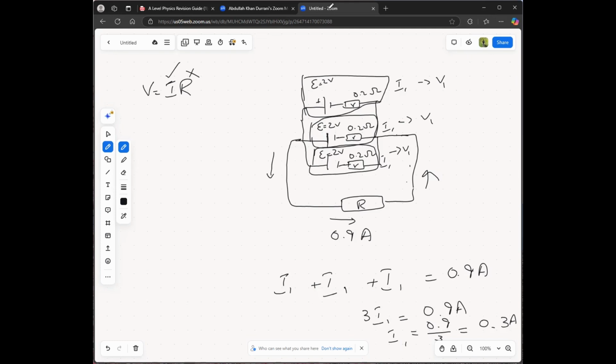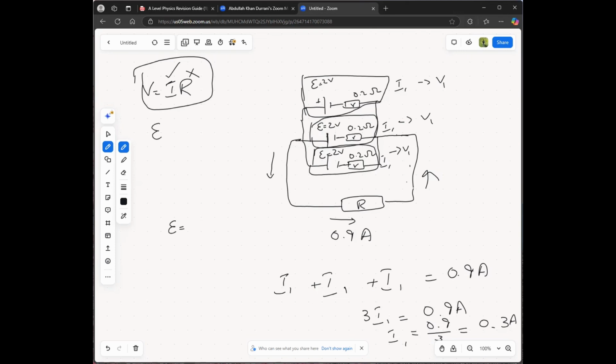To calculate this voltage, we need to know how much of this 2 volt is being consumed by this resistor. So if you remember, we have two formulas to actually calculate it. One could be this formula. And what is the other formula where we have this V?